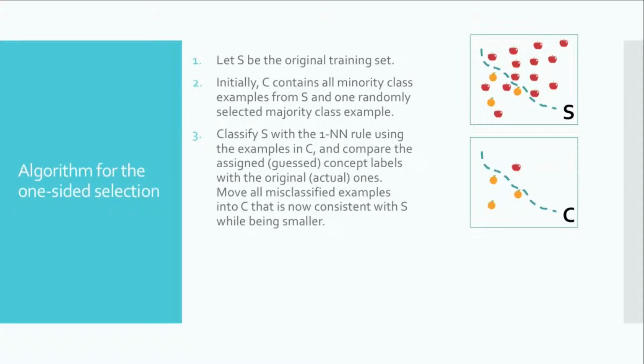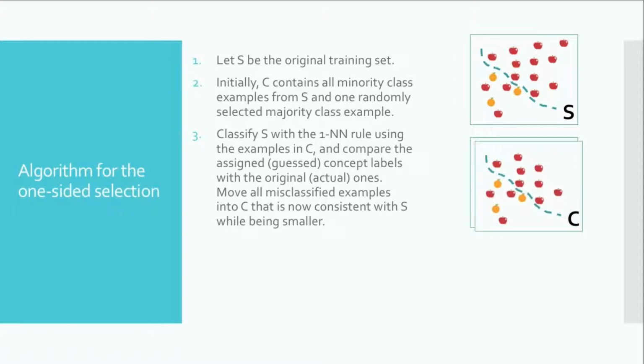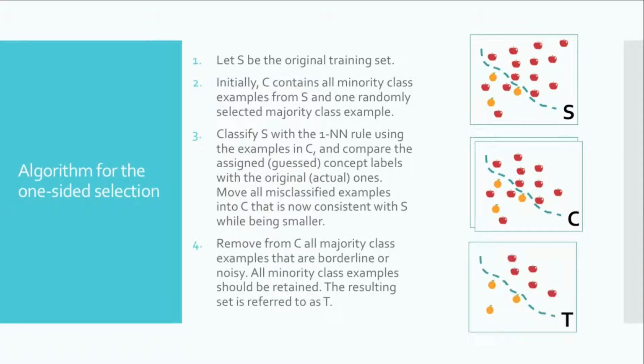We then move all misclassified examples from S to C, which makes C consistent with the original training set but excluding redundant examples. Finally, remove all majority class examples that are borderline or noisy, while retaining all minority examples. This resulting set is the new, relatively balanced set.